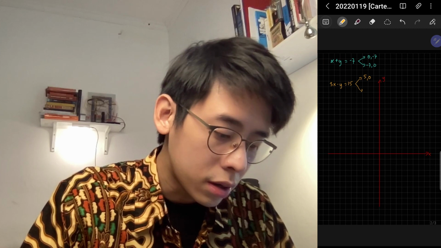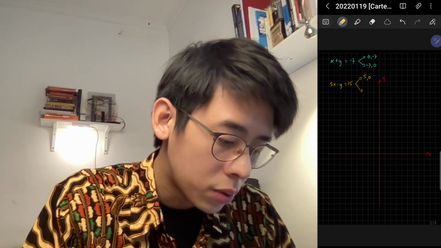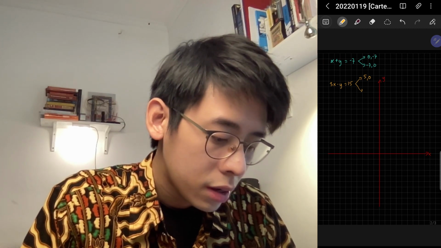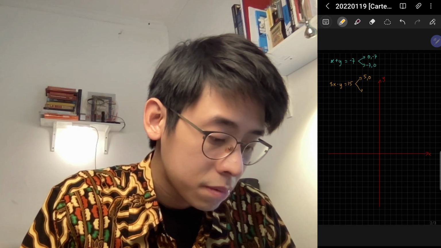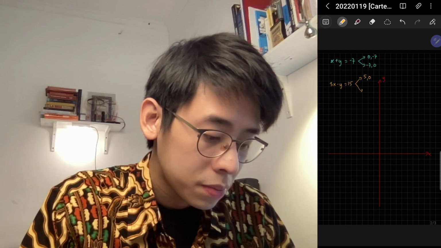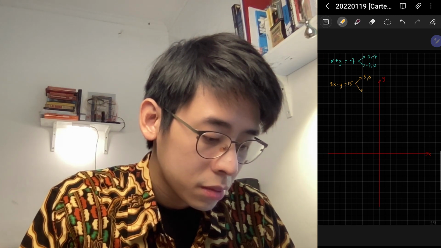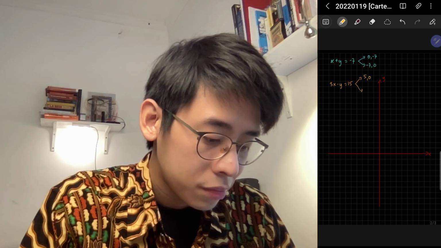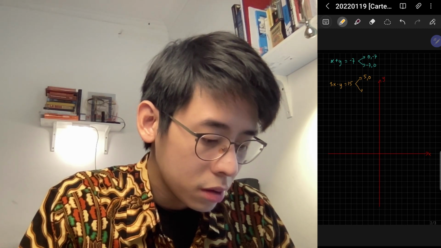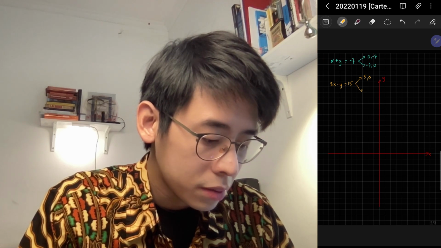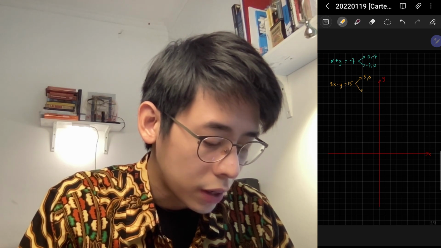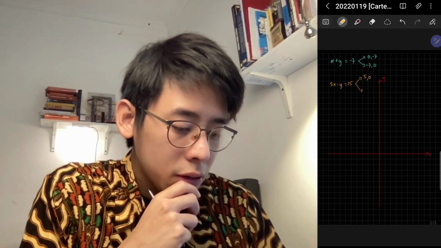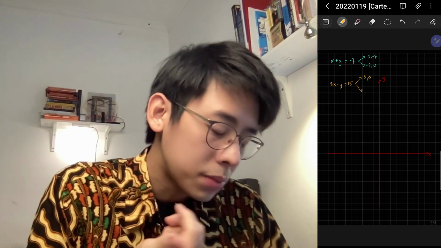And then the other one: let's try to find a number that is not too far away. If x is 2, then y is minus 6.